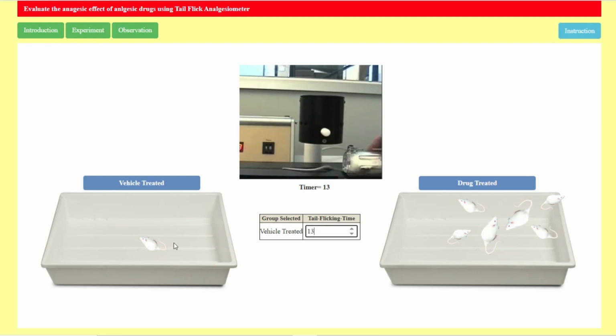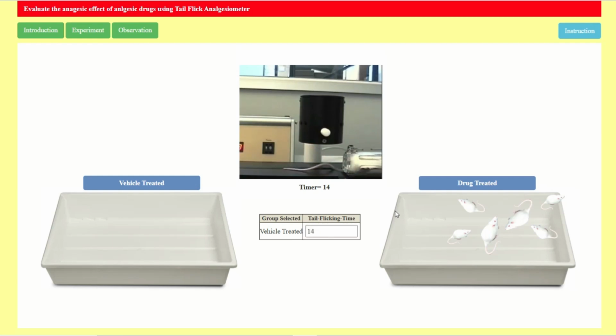Now we will go for the next animal, the last animal from the vehicle treated group. It has taken 14 seconds.